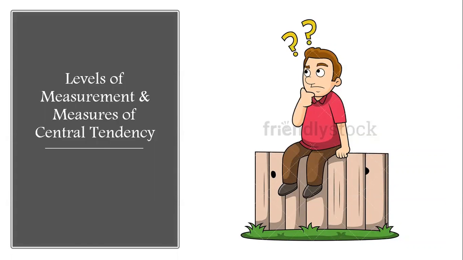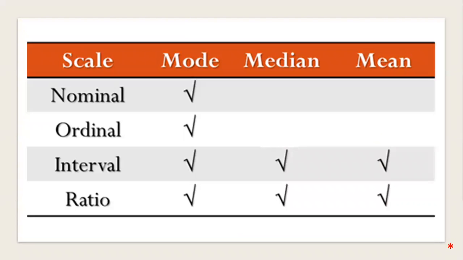Now let's discuss the relationship between levels of measurement and measures of central tendency. So in general, the takeaway from all of this is that we must take into consideration the levels of measurement of each of our variables before deciding which measure of central tendency to report. For example, if we know that our variable is measured at the nominal or ordinal level, then we know that the mode is most appropriate to report.